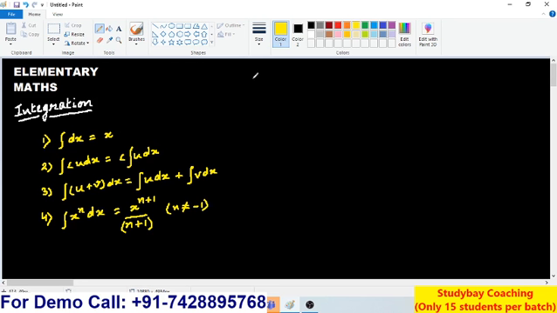Alright, now moving on to number 5, integral 1 upon x dx, and this will be equal to log x base e.